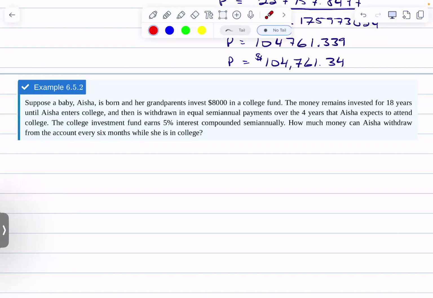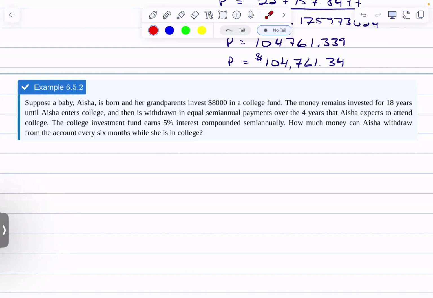There's a brain teaser, right? You had to map out the timeline of this money. They went to the bank and deposited $8,000. And then it sat there growing for 18 years, right? That sounds like just compound interest to me.